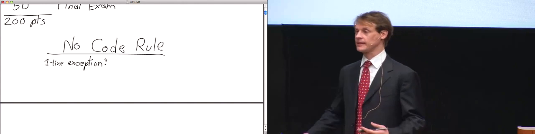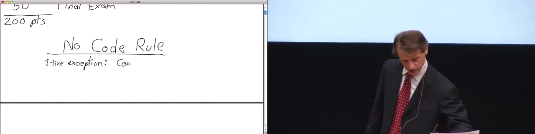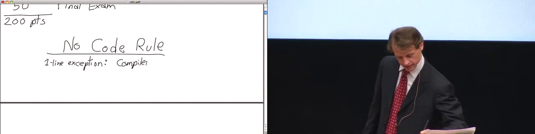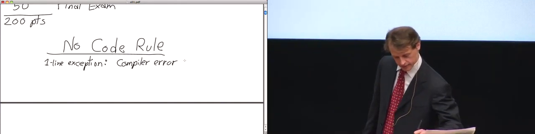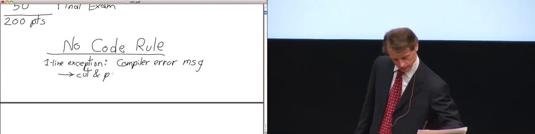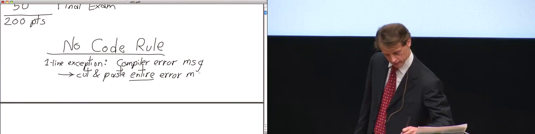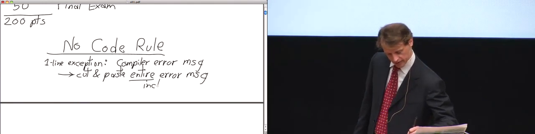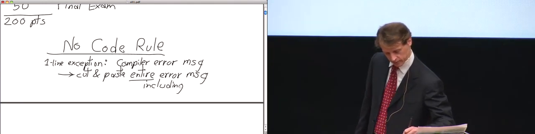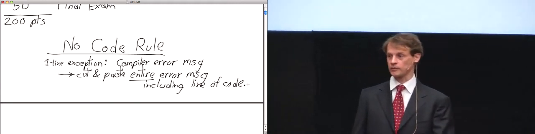When that happens, please give us a cut and paste of the entire error message, including the line of code that's giving you trouble. Because if you don't do that, it's just impossible to figure out what the problem is.